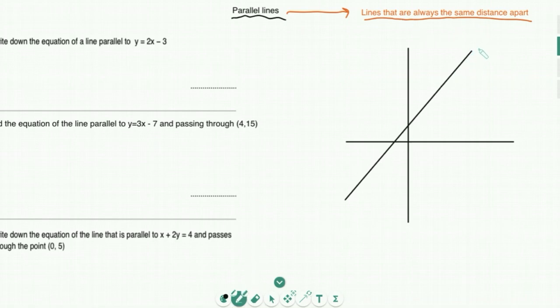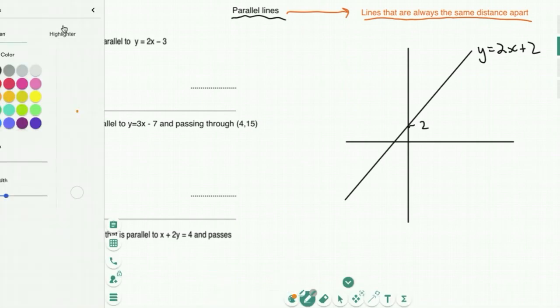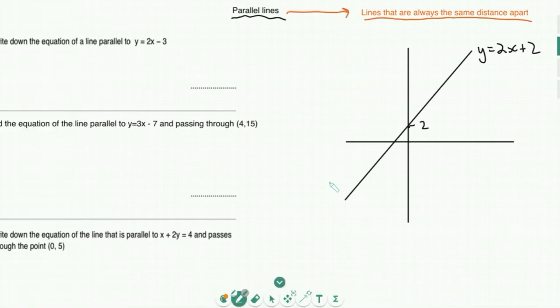Let's say this line is y equals 2x plus 2. So gradient is 2, so the rise over run is 2, and the y-intercept is 2. And let's draw a line parallel to this. So let's change color. So we'll draw another line which will never touch it. So maybe like this.